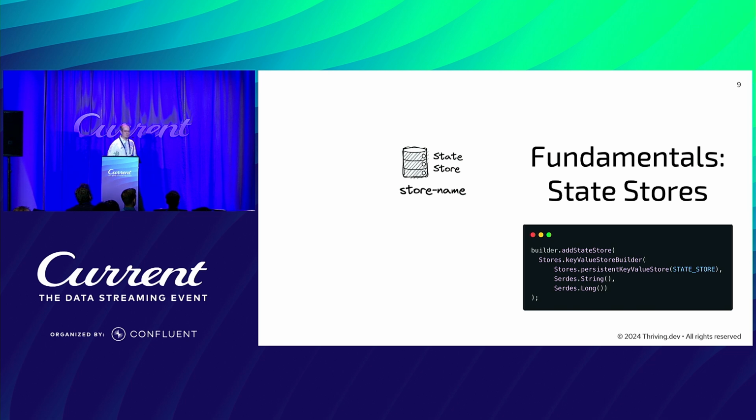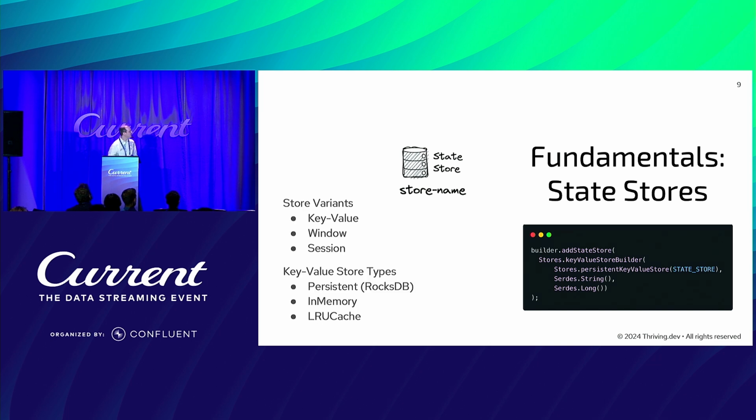Next, state stores. Everything state in Kafka Streams is always using a state store under the hood. But you can also define your own custom state stores, or you can customize how you want state to be materialized. There are different store variants, like key-value, window, or also session window stores.